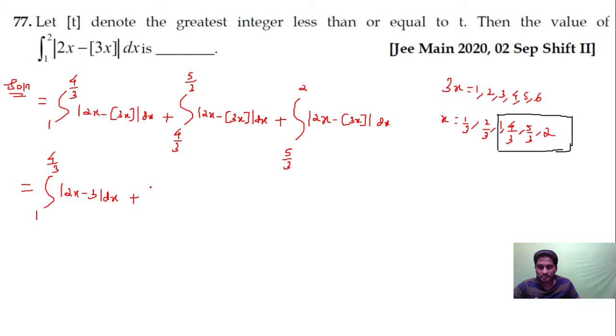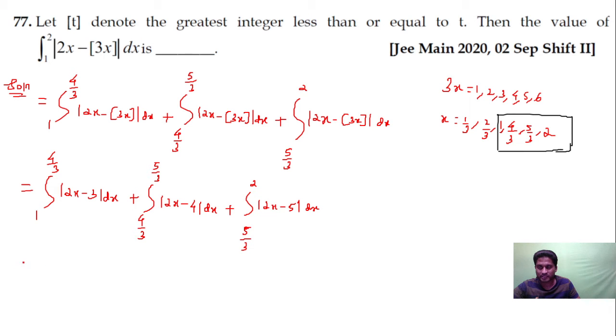Then plus, between 4 by 3 and 5 by 3, include lower limit, exclude upper limit in box, so box of 4 will be equal to 4, plus the integral from 5 by 3 to 2 of modulus of 2x minus 5 dx.